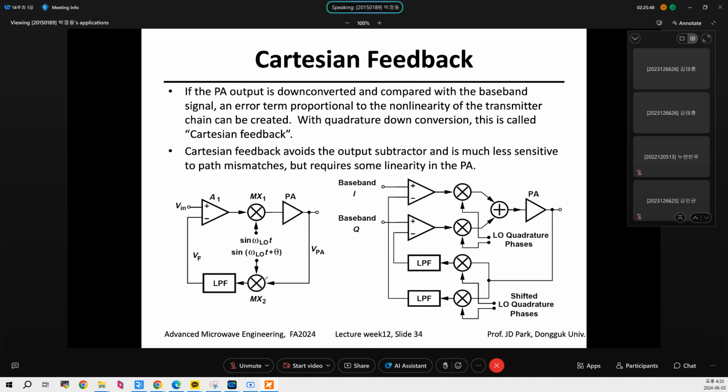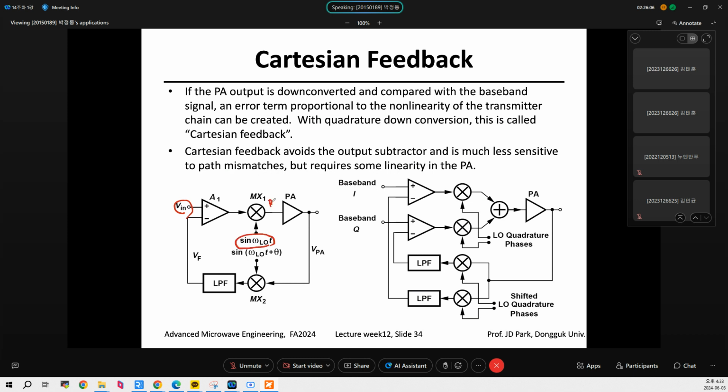So here you have two mixers, right? Let's say this input is coming, and this is up converted with sine omega L, right?